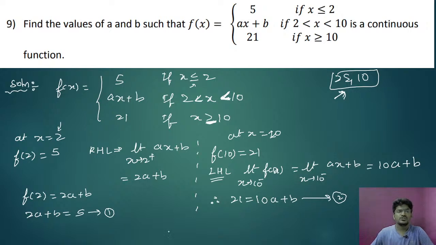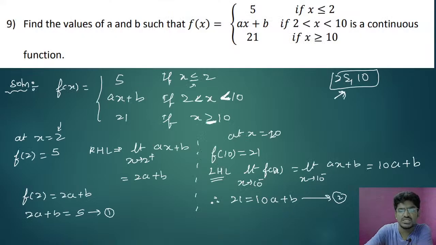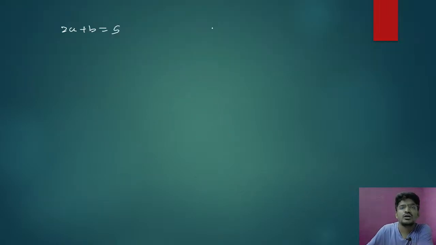Clear? So from 1 and 2 you can solve the next one. First equation is 2a plus b equal to 5. Second equation is 10a plus b equal to 21. So now take 2 minus 1.